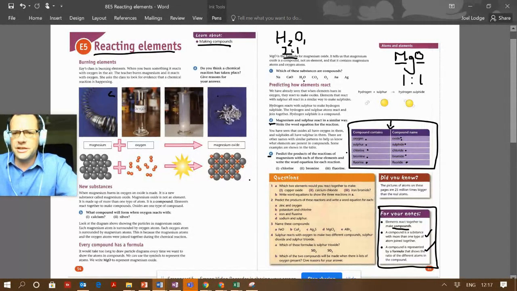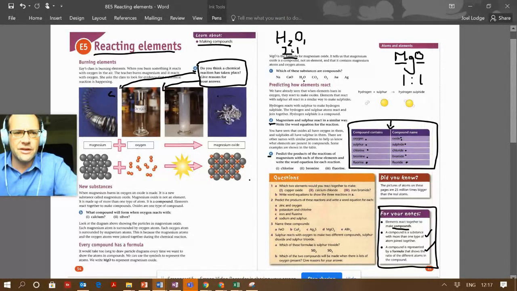Okay, so in your books, we're going to try and answer these questions. So A, do you think a chemical reaction has taken place for this reaction here? So we're looking at these pictures. What is the appearance of the reactants? And then what's the appearance of the products?